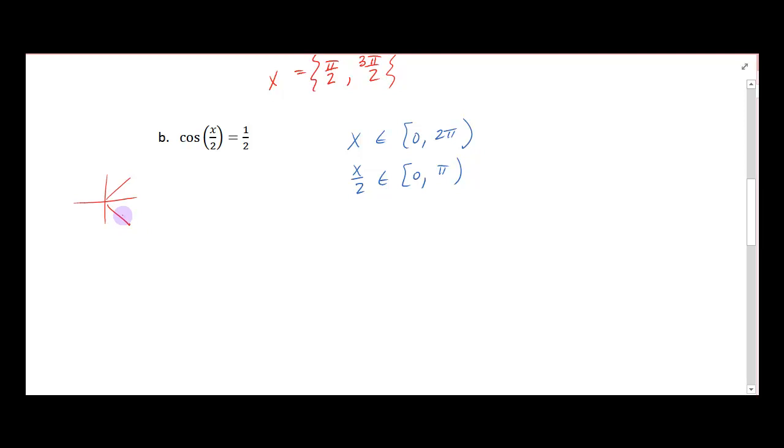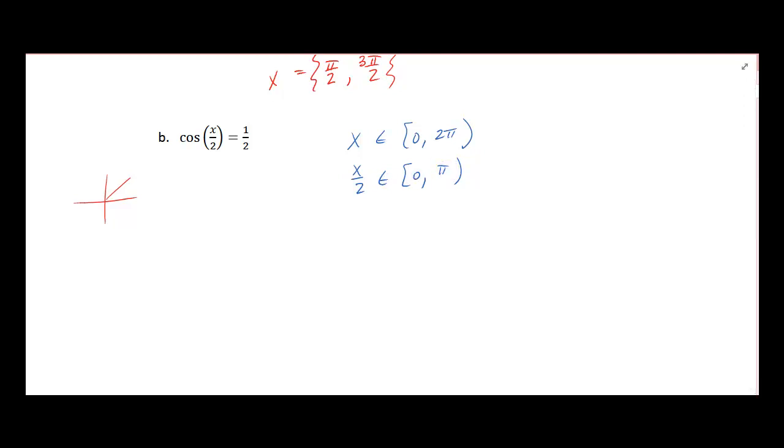But just a minute. If I take the cosine of my half angle, I have to stay on the interval between 0 and pi. So this angle down here doesn't count. I'm going to ignore that angle for right now because it is not on this interval between 0 and pi.